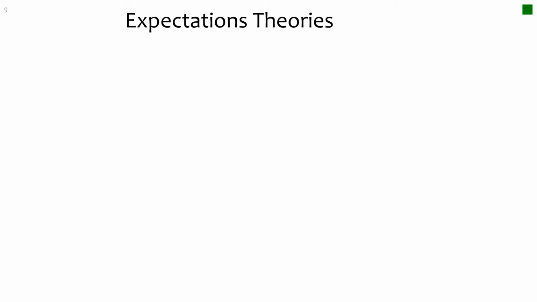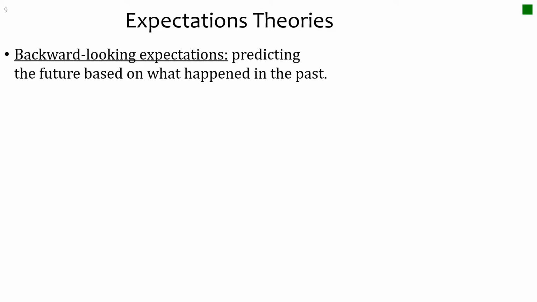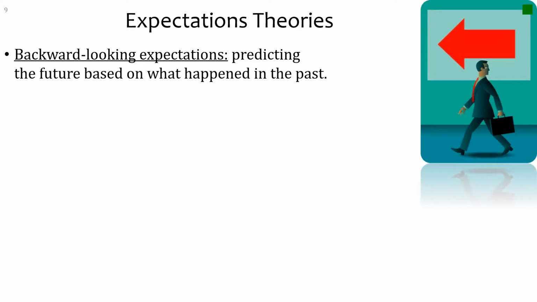Just to recap, expectations are quite important in macroeconomics. They are self-fulfilling. If people expect something to happen, they act in a way that it actually happens. There are a couple of important theories for expectations. One of them is backward-looking expectations, which is predicting the future based on what happened in the past. It's like walking forward while looking backwards, which is really stupid.